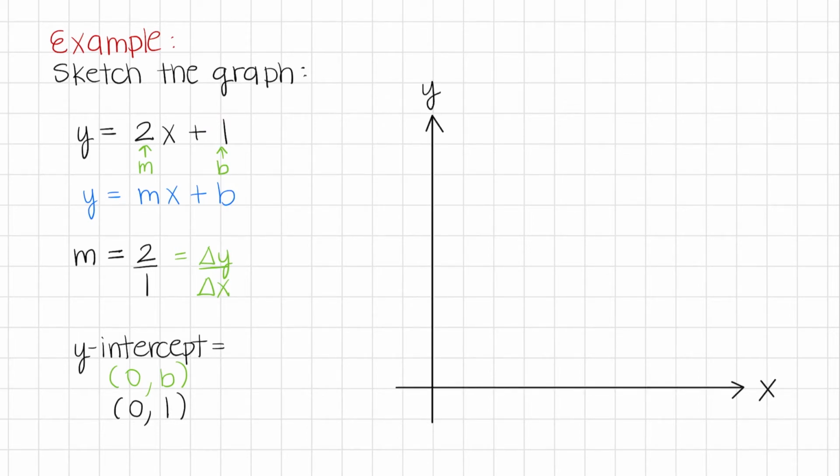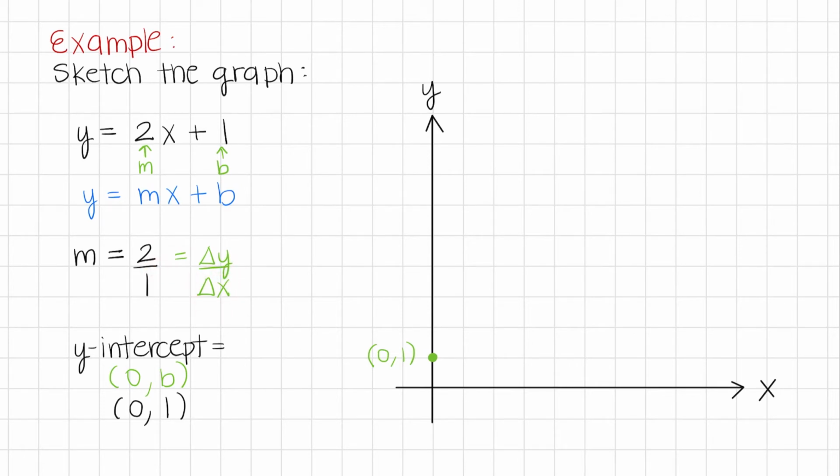Let's start by plotting our y-intercept point. So for our y-intercept, we know that our x is always going to be 0, and in this case, our y is 1. So we can plot this point at (0, 1). And our slope tells us the change in y over the change in x, meaning how many units we move in the y direction and how many units we move in the x direction. For this slope, we move 2 units in the y direction for every 1 unit in the x direction.